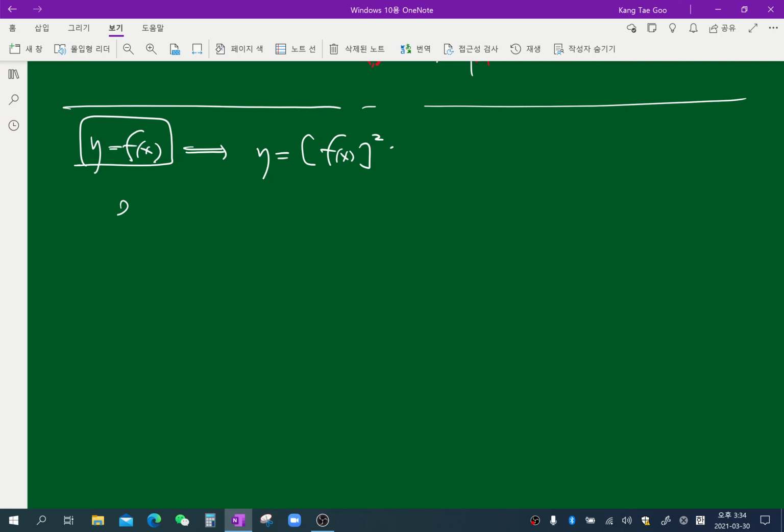If we scale 2, then it goes to 4, right? If we scale 3, it goes to 9, so it increases. But how about this? If we scale half, it goes to 1 over 4. 1 over 3 squared goes to 1 over 9, so it decreases.